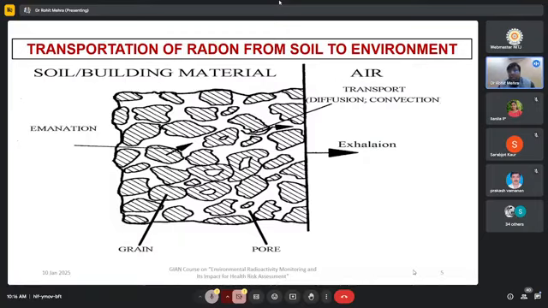You could have very good ventilation conditions. That is why the action level is around 100. But in the old buildings, as there is very little choice to make constructional changes, especially changes related to the building materials as well as the ventilation conditions, the action level has been recommended as 300.